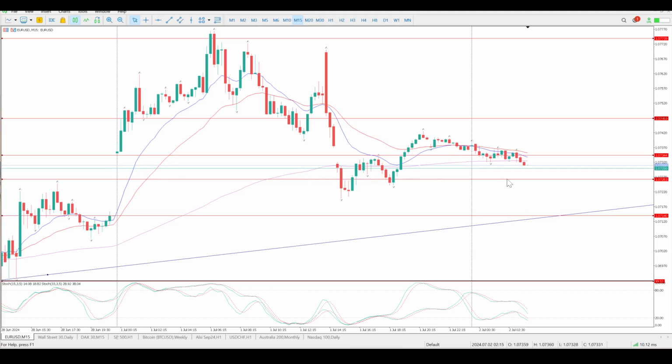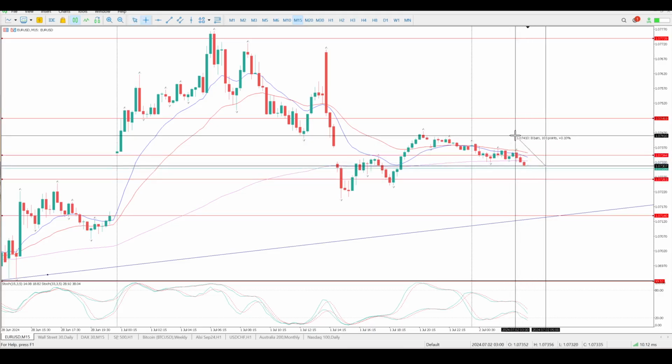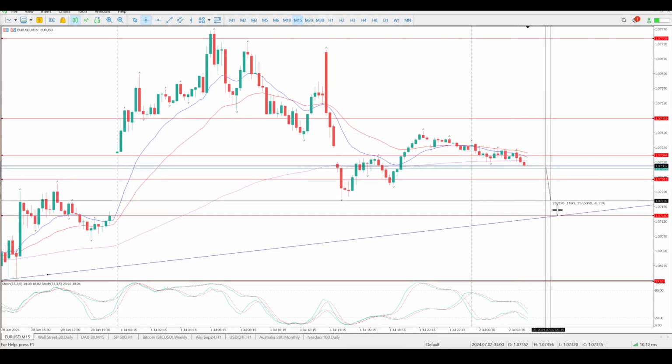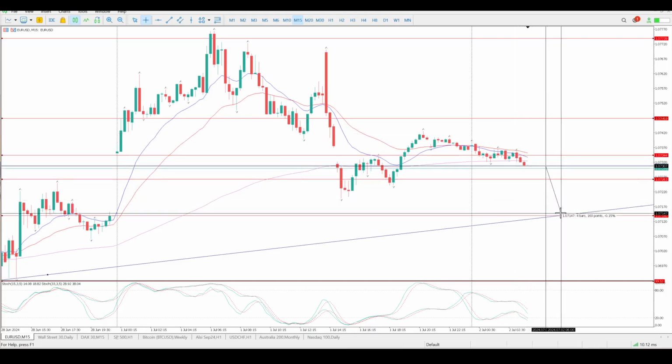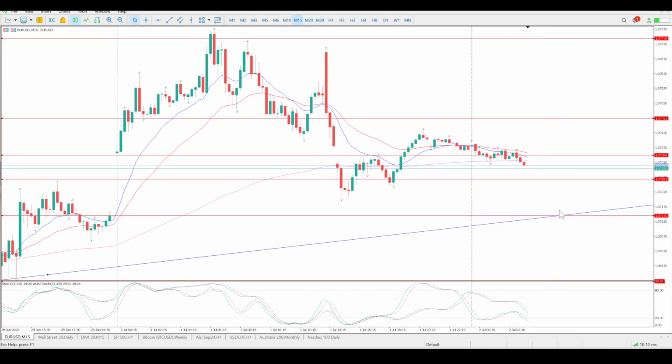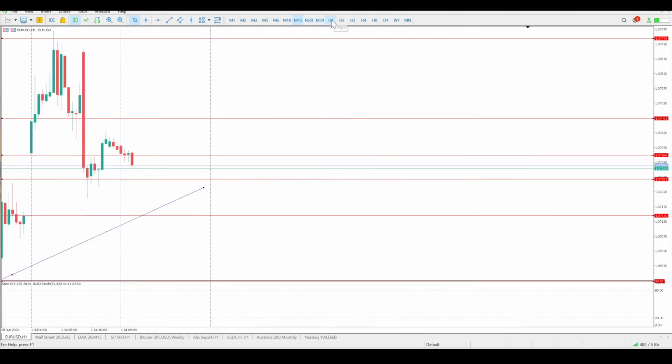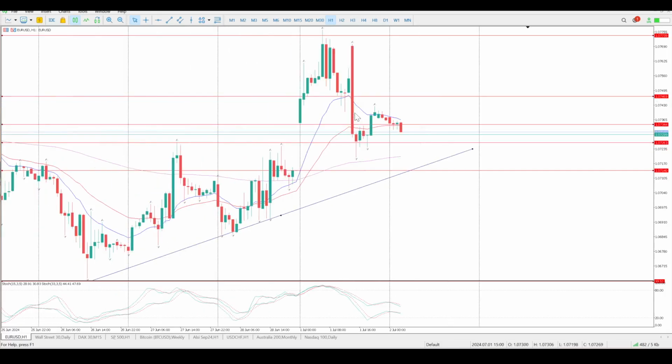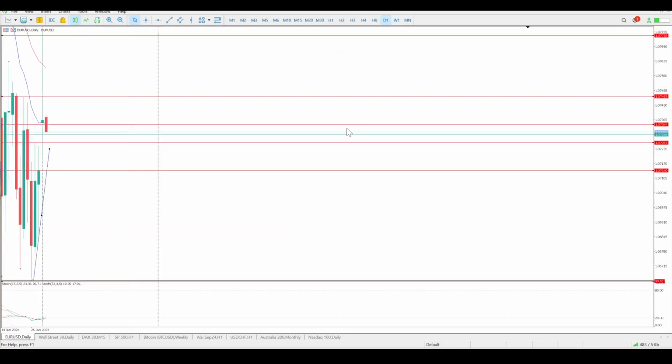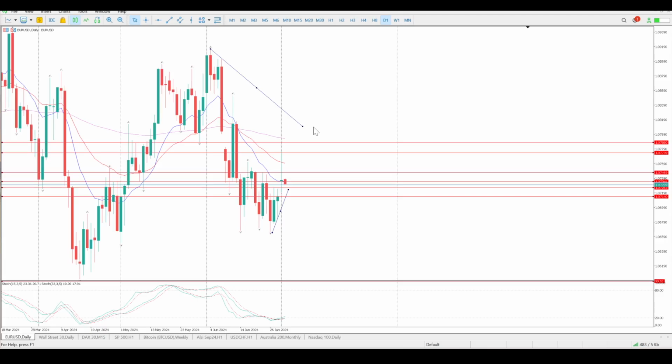So possibly there is a short brewing. You've got a 100-point stop loss for a 150, 160 point gain, but that just seems like a lot of risk for me, and there's no real direction that we're going in. So I'm sitting on the sides.